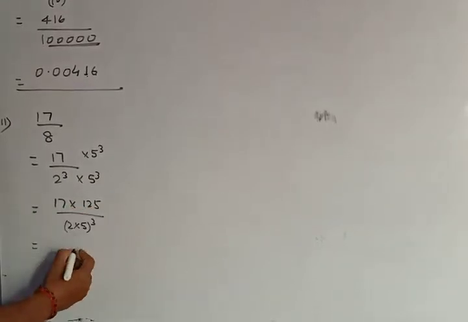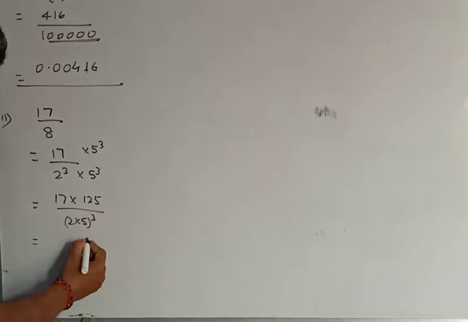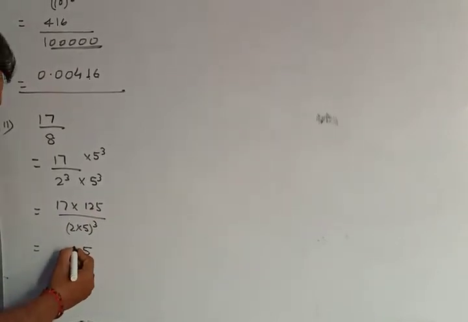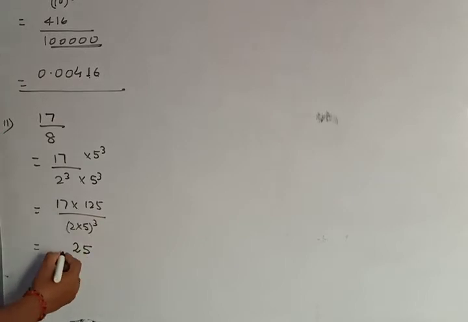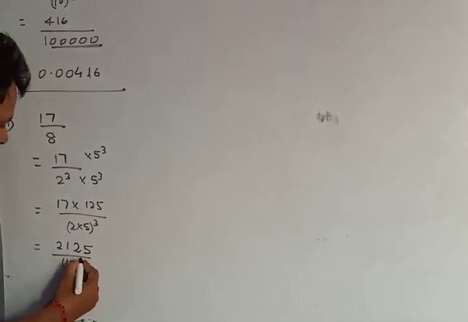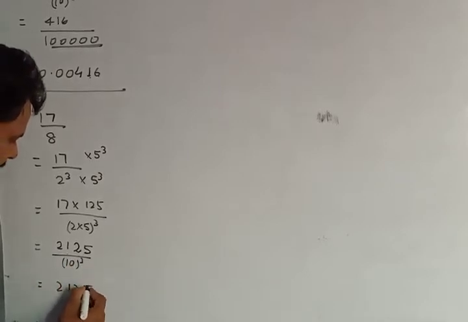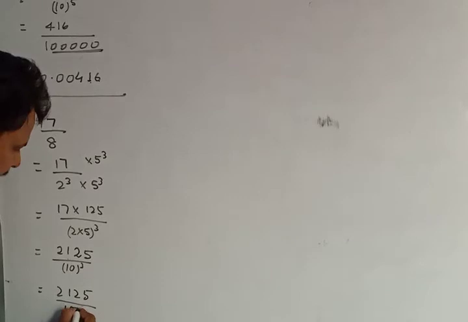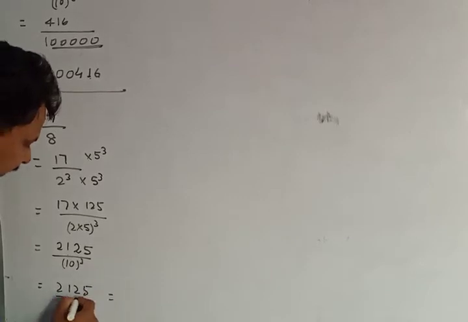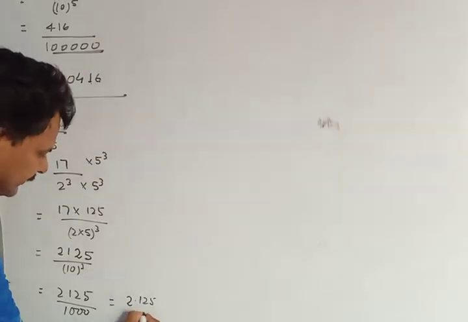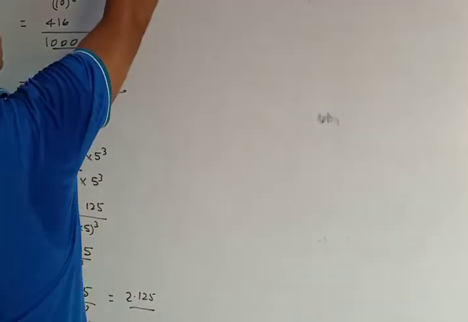Then multiplying 17 by 125 gives 2125. Here it becomes 10 to the power 3. Then you can write 2125 upon 1000, and after 3 decimal places we place the decimal. This is the second question.